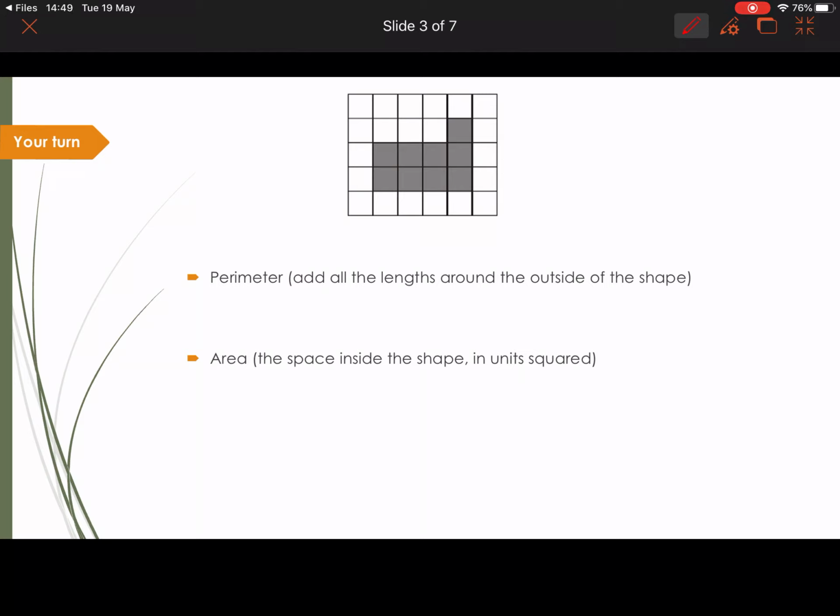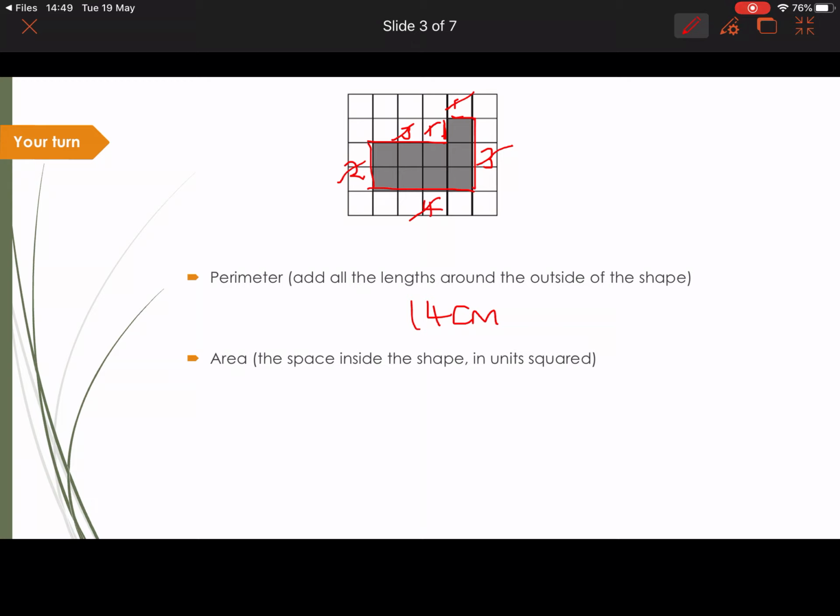Finding the perimeter involves adding the lengths around the outside of the shape, and you have to be careful not to forget any lengths, even the ones that like to hide. For example, this one here. Now if you count them, you have 1 plus 3 is 4, plus 4 is 8, 10, 13, 14, and remember perimeter is the distance around the outside, so it's just centimetres.